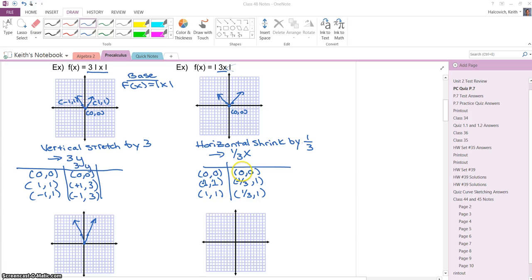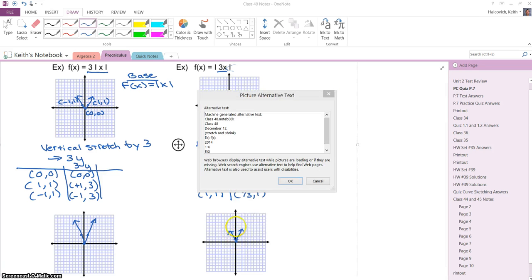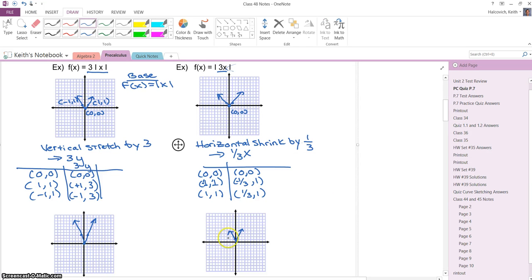So notice you have 0, 0. And then we have 1/3, so 1. And then we have negative 1/3 and 1. So notice it's going up quicker right there. Notice horizontally it's shrinking because it's not as wide, it's narrower. The x's are shrinking, the y's are staying the same.